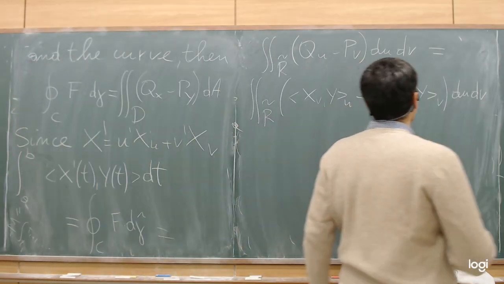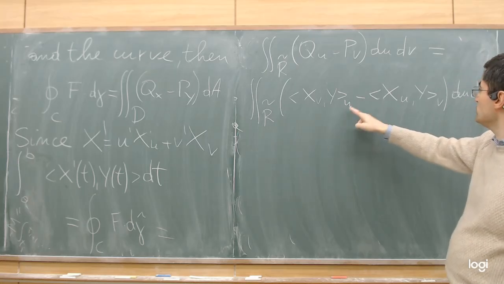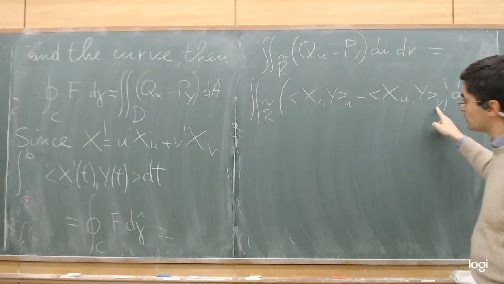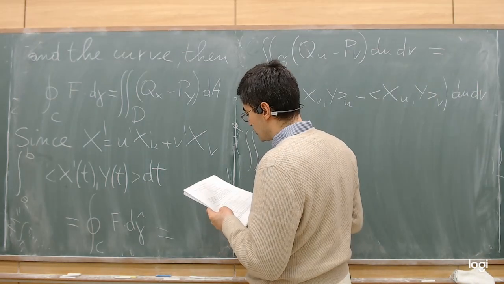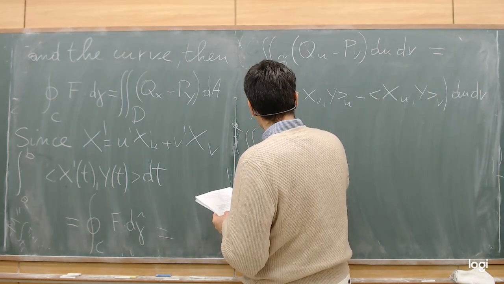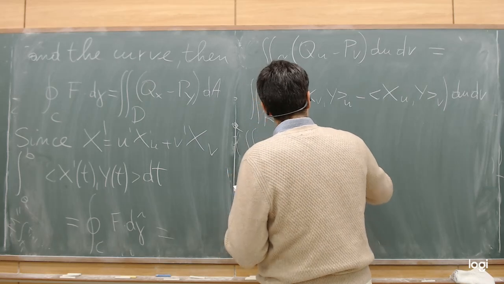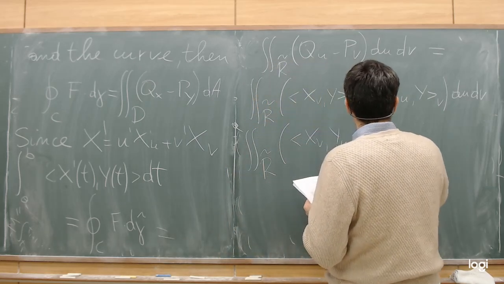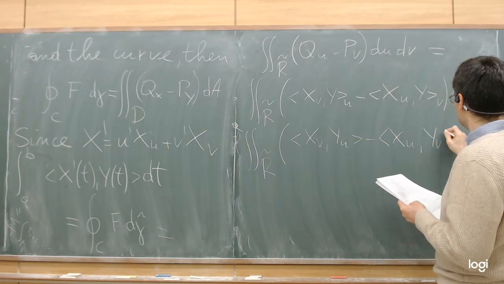Now, if you differentiate with respect to u and with respect to v, this function, after simplification, you will get that this is equal to xv yu minus xu yv.